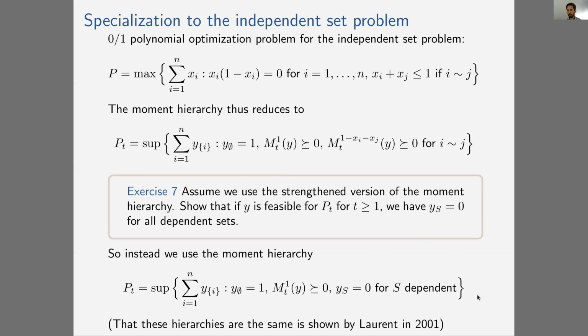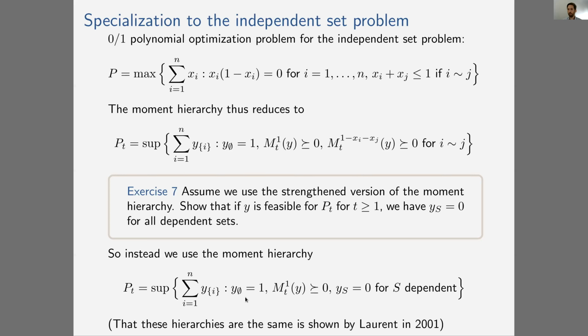So for the people who know the Delsarte bound, and I guess we might see it already this afternoon in Henry's lecture: if you know the Delsarte bound, what are you doing there? There are many different formulations, but in the formulation using Gegenbauer polynomials, you have a non-negative linear combination of Gegenbauer polynomials. You often have some normalization condition, which is here also.